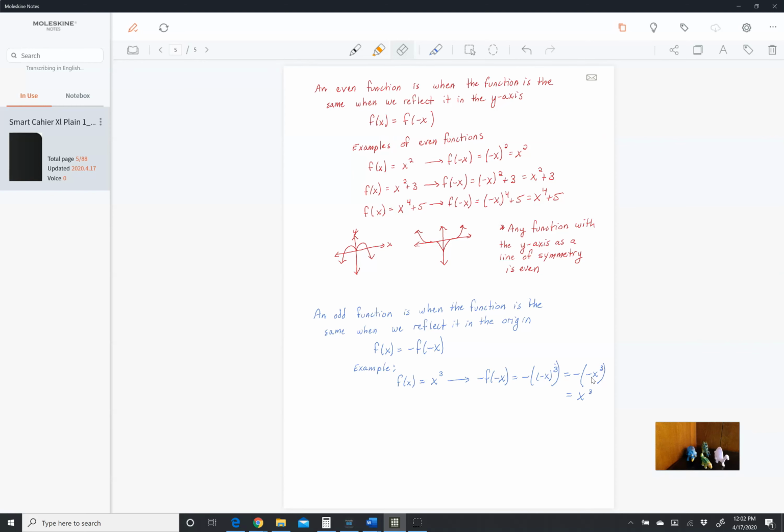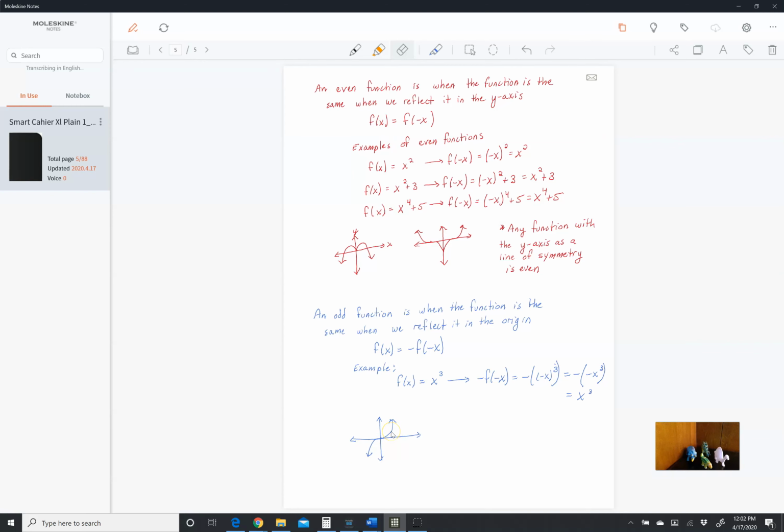When we look at graphs, this would be an example. That was not well drawn. In other words, what you see here, you're going to see what you see in one quadrant, you're going to see in the opposite quadrant, but upside down essentially.